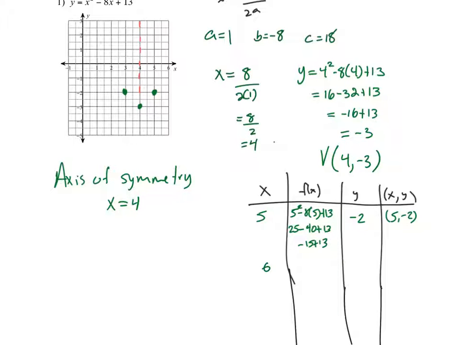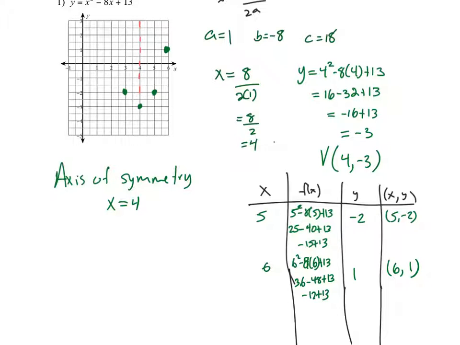So 6 squared minus 8 times 6 plus 13. So 36 minus 48 plus 13. So negative 12 plus 13. This is 1, so this is the point 6, 1. It's right here.